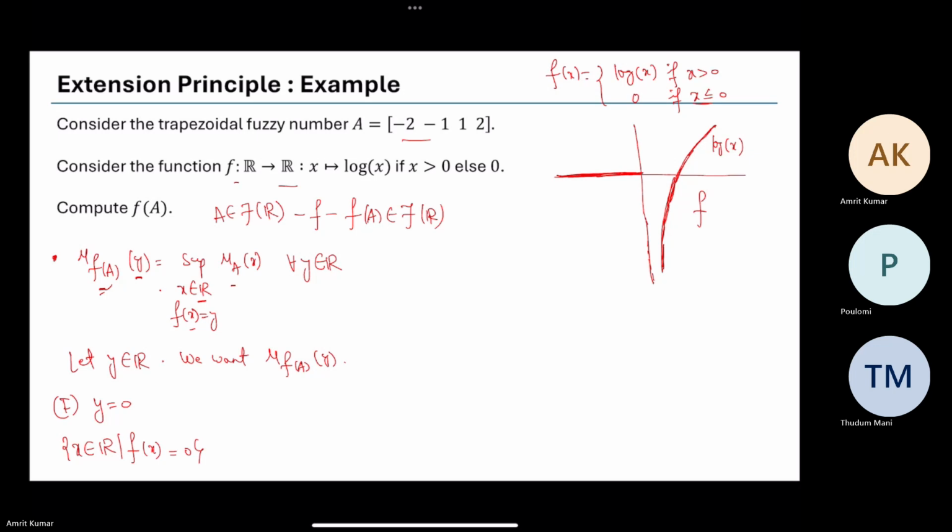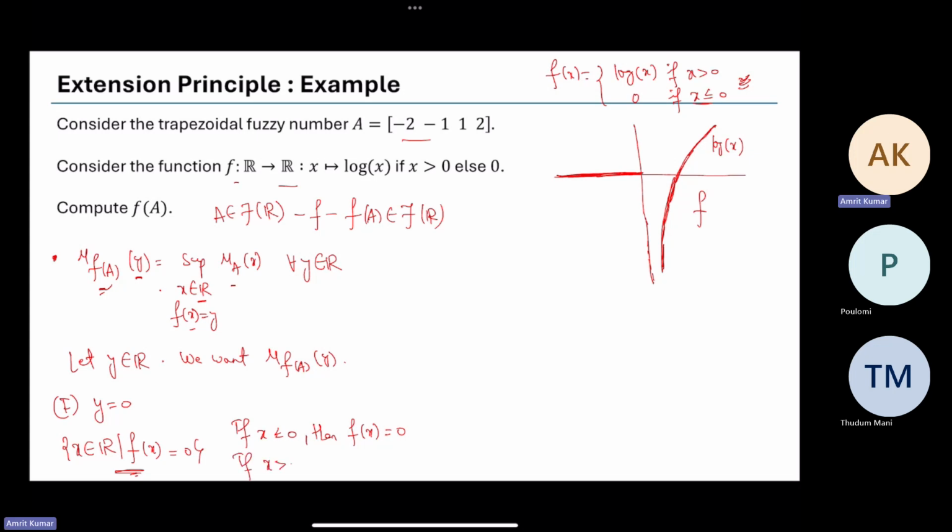So this is the definition of f of x. If x is less than or equal to 0, then f of x is going to be 0. This is what the definition of f says, right? So therefore, any number less than or equal to 0 is going to be in this set, right? Because for any x less than or equal to 0, f of x is 0. So therefore, this entire real line left of 0, including 0, is going to be in this set.